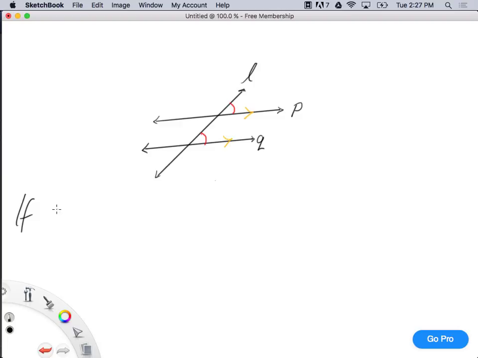If line P is parallel to line Q, then let's call this angle 1 and angle 2. Then angle 1 is congruent to angle 2. Okay?